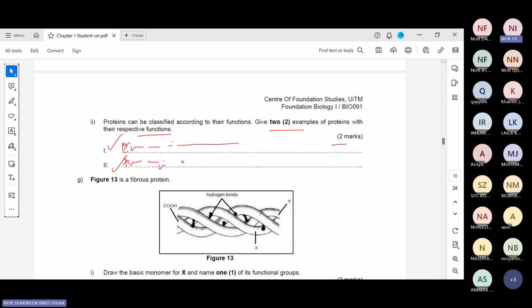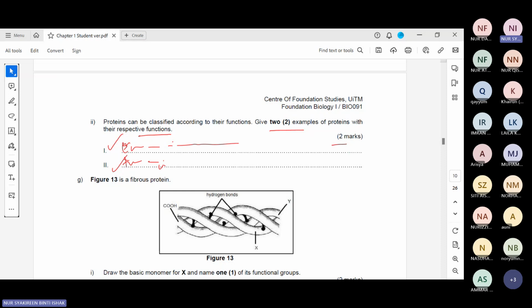Dan kita ada transport protein to move substance across cells. Kita ada antibody, kan? Antibody as defense proteins to attack pathogen, for example. Okay, and then kita ada albumin as storage protein in eggs to nourish embryo, contohnya, kan?